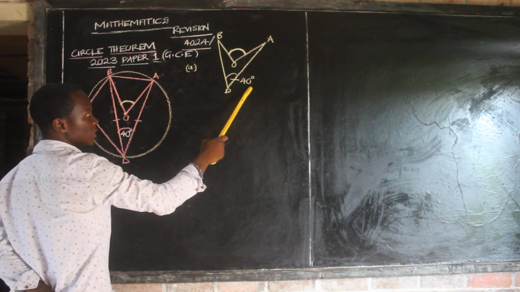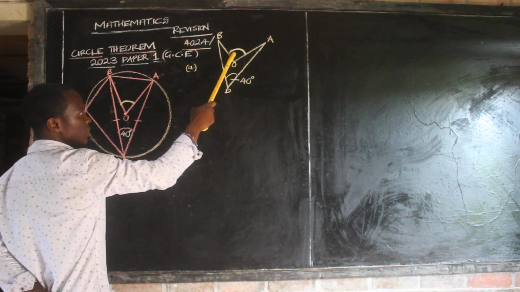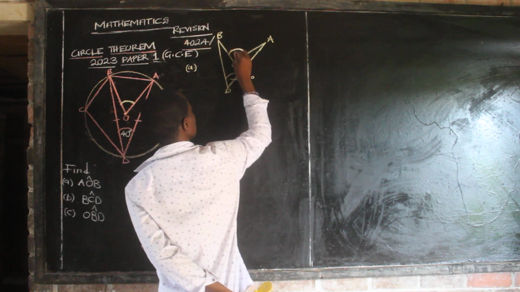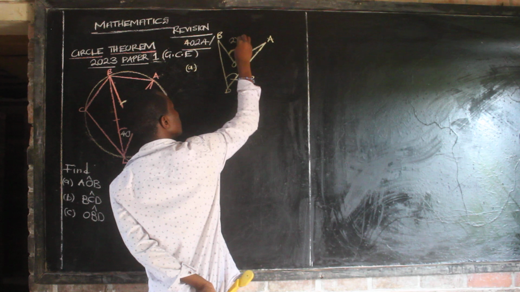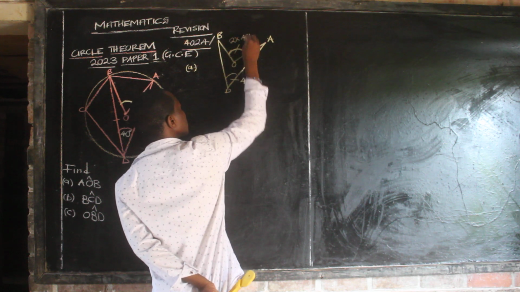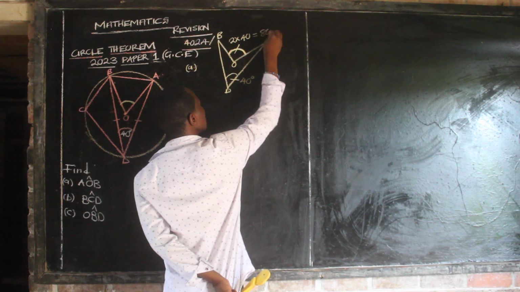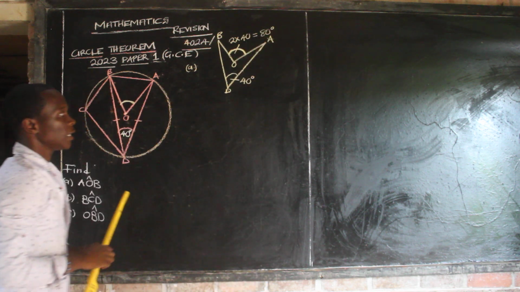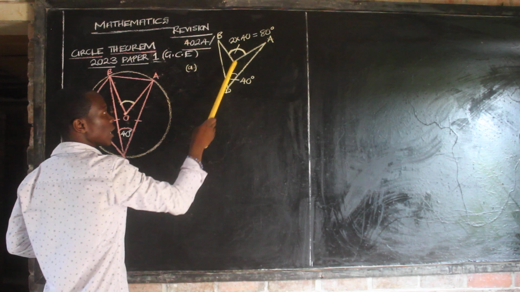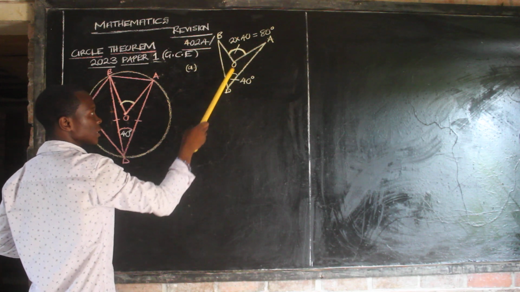So if this is 40, this is 2 times 40, which is equal to 80 degrees.